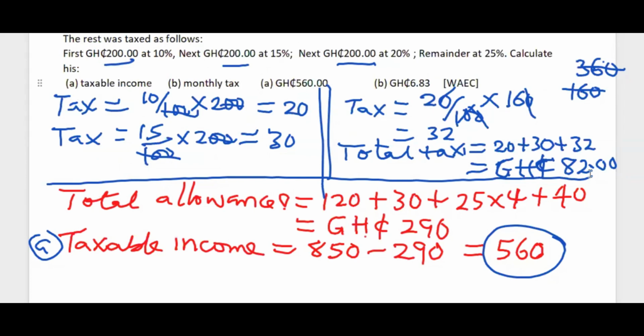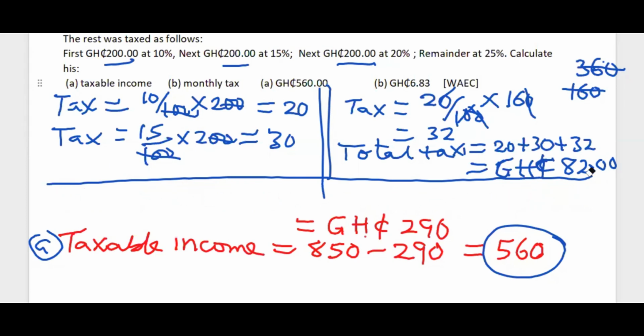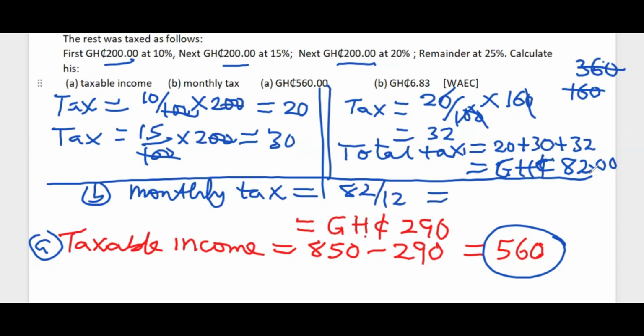To get the monthly tax, we simply divide the yearly tax by 12, because there are 12 months in a year. So B, monthly tax equals 82 divided by 12, that is 6.83 Ghana cedis.